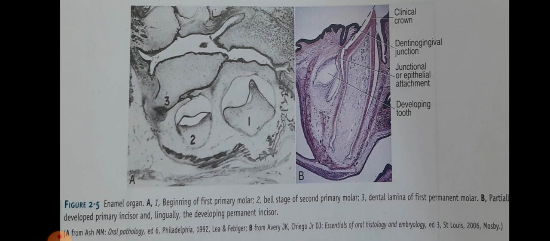Historically, the term eruption was used to denote the tooth emergence through the gingiva, but then it became more completely defined to mean continuous tooth movement from the dental bud to occlusal contact.